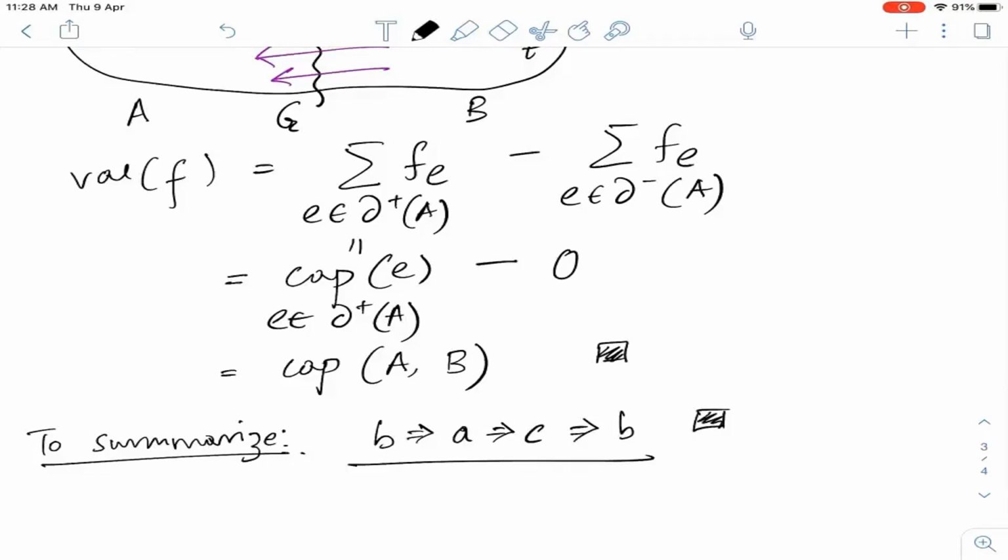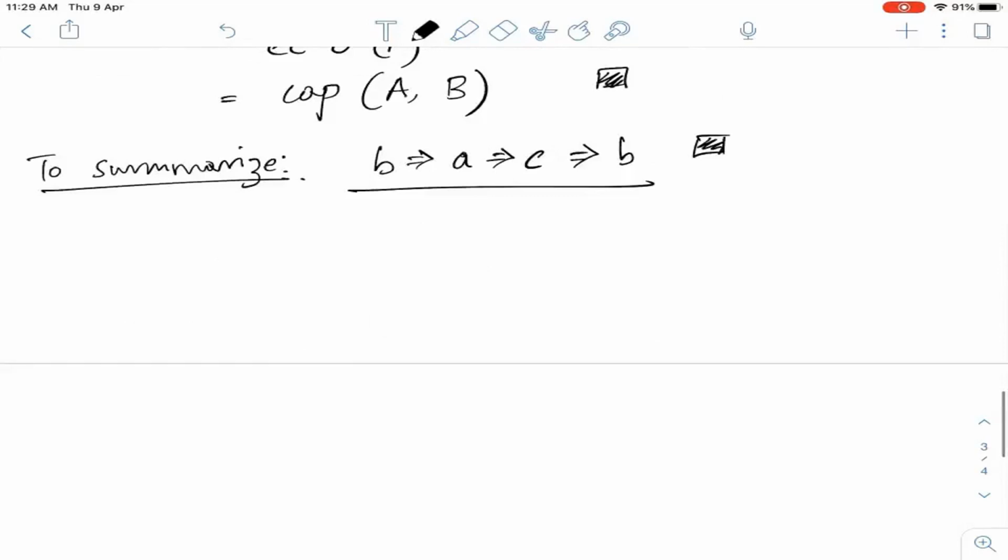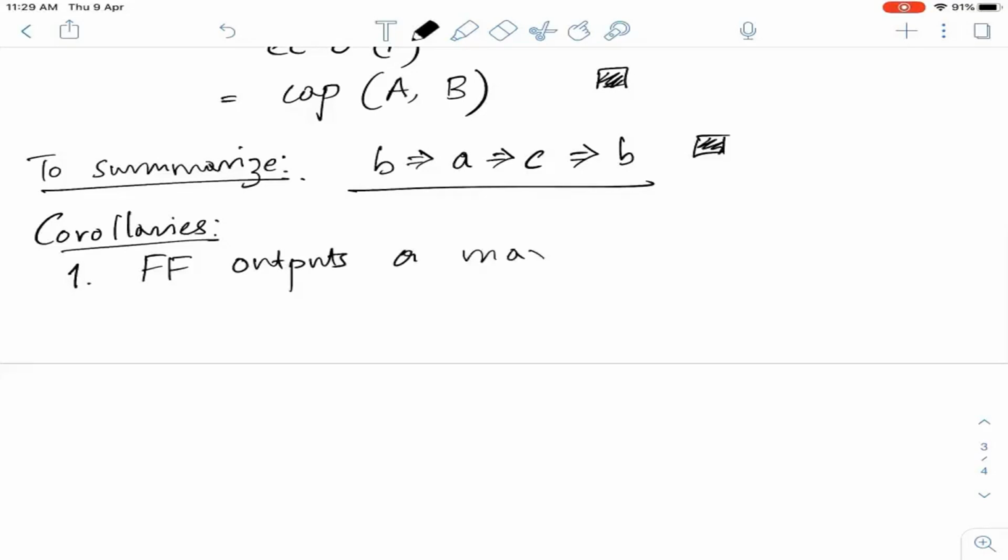Right? So in particular, now it gives us two things. The corollaries, or consequences, are the following. One, Fulkerson outputs a maximum flow upon termination.